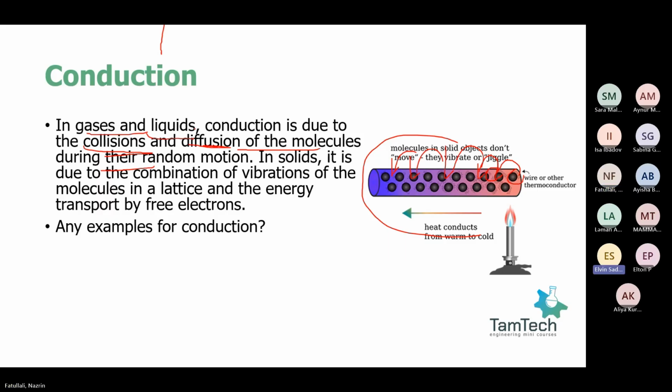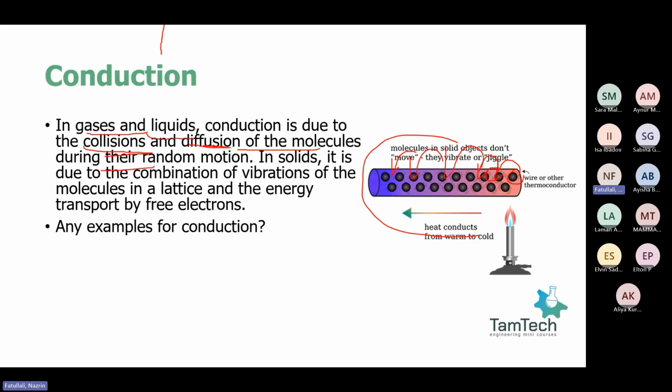For example, a hot spoon, we feel its hotness. It happens via the conduction mechanism. Yes, exactly. This is a classic example from basic life. Thank you, Elvin. In industry, heat from the outer side of a tube heats up the inside of the tube, right? Yes. For example, in a shell and tube exchanger. Yes. Thank you for both your examples.